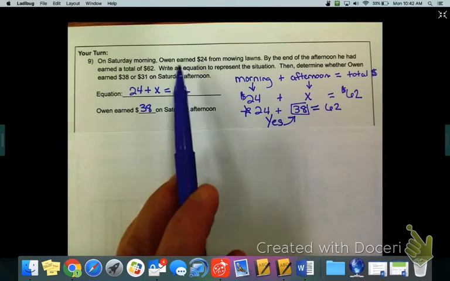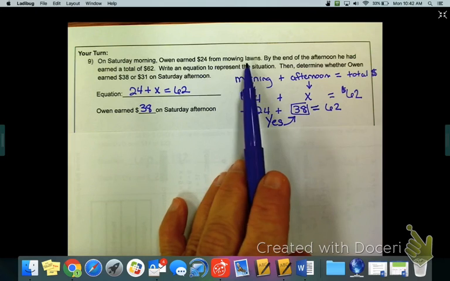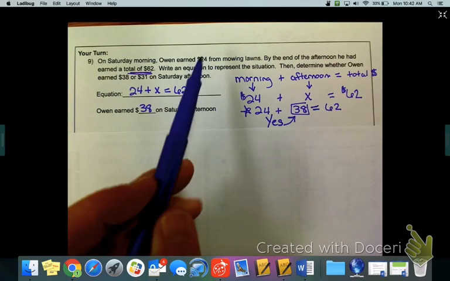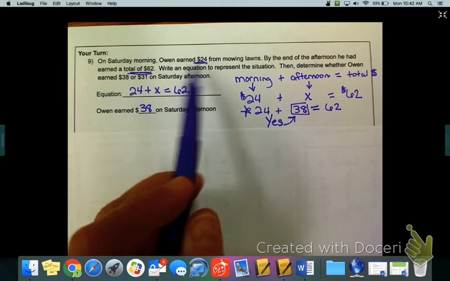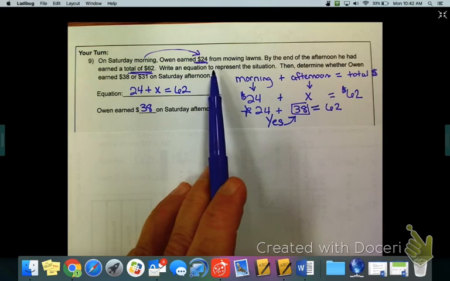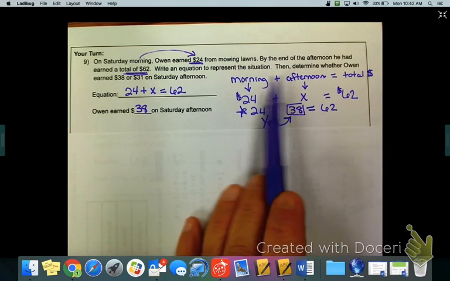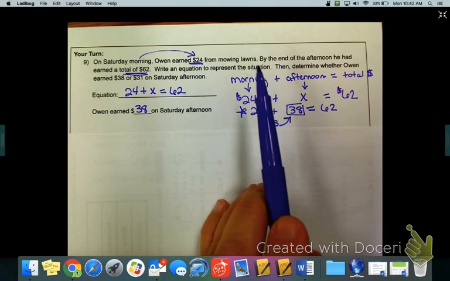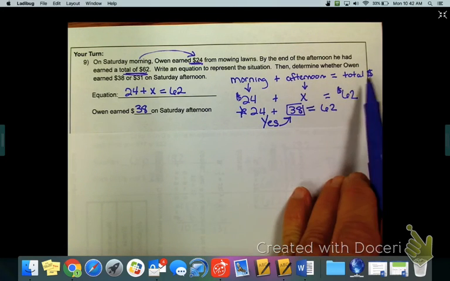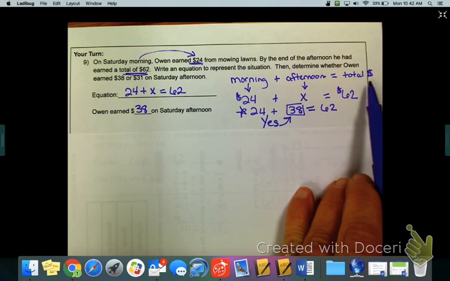On Saturday morning, Owen earned $24 for mowing lawns, and by the end of the afternoon, he had earned a total of $62. So here are my 2 numbers, and I know that this is his morning. To write an equation, here's what I wrote to help me plug numbers in. His morning money plus his afternoon money equals the total money that he earned for the day.